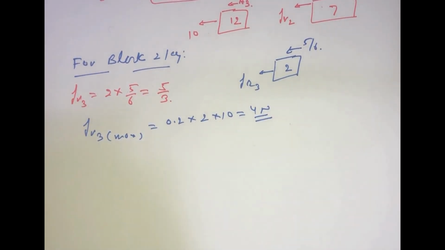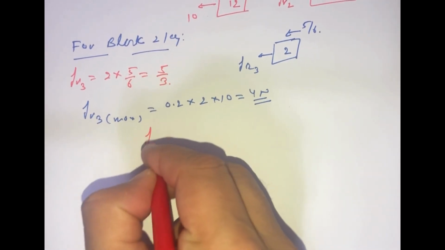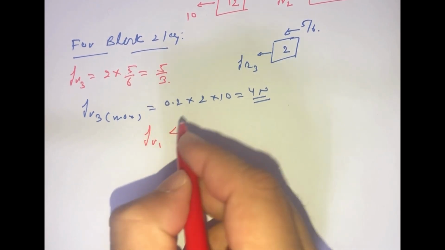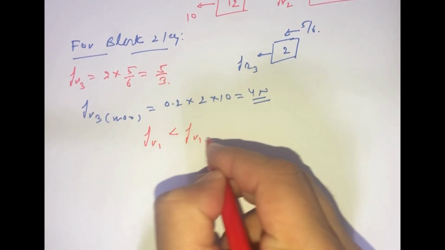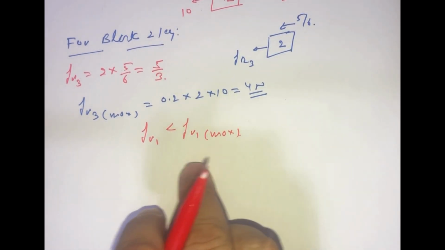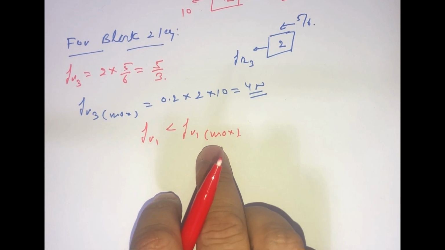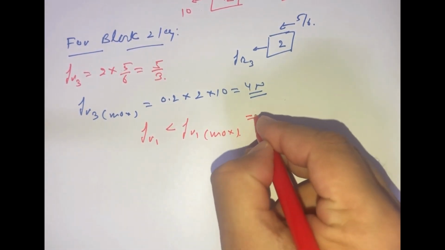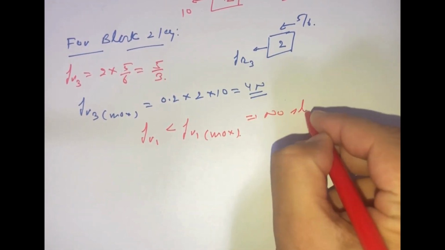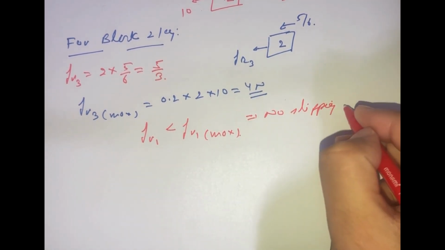And from here we can say that our FR1 is less than FR1 max. That means the required force is less than the maximum available force. So therefore no slipping will take place.